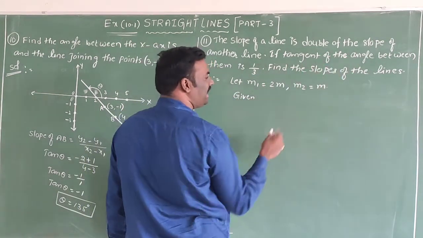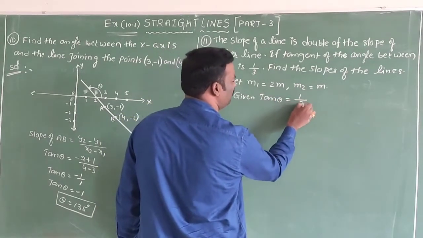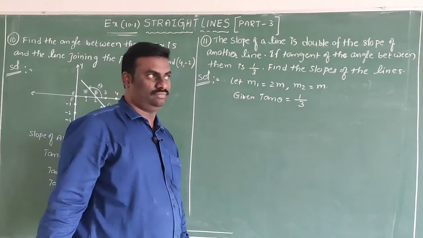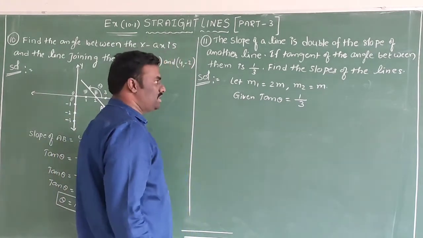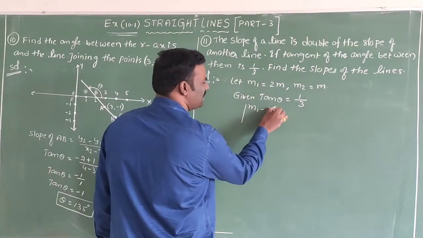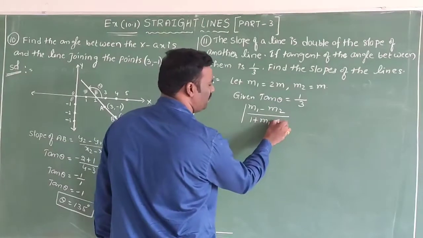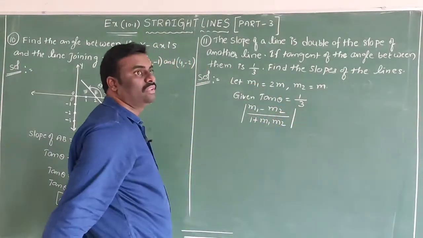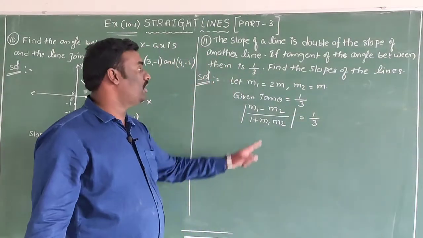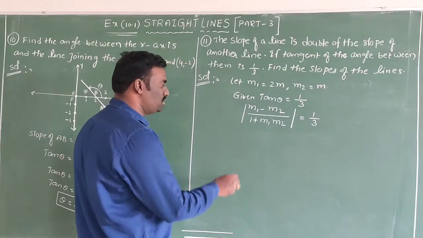Given the tangent of the angle, that is nothing but tan theta is equal to 1 by 3. So we know the formula for tan theta. In the previous session we discussed the formula for tan theta is m1 minus m2 by 1 plus m1 into m2 is equal to 1 by 3. m1 value is 2m, m2 value is m. Substitute in this.